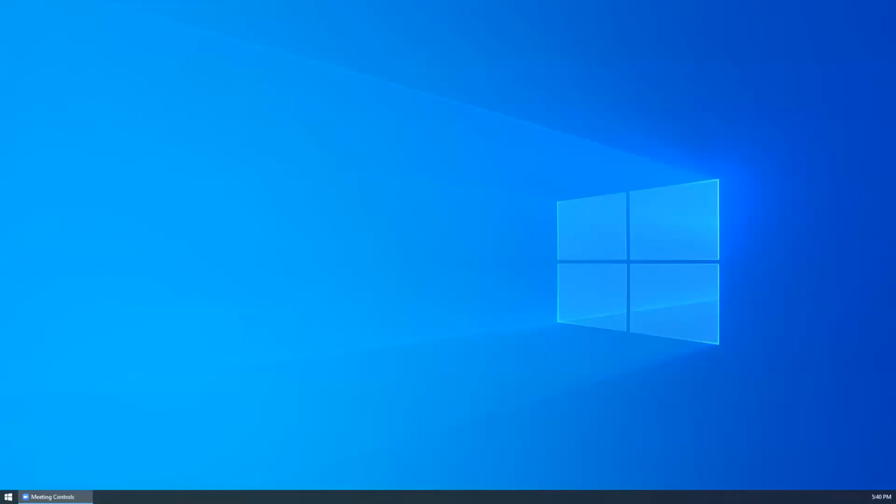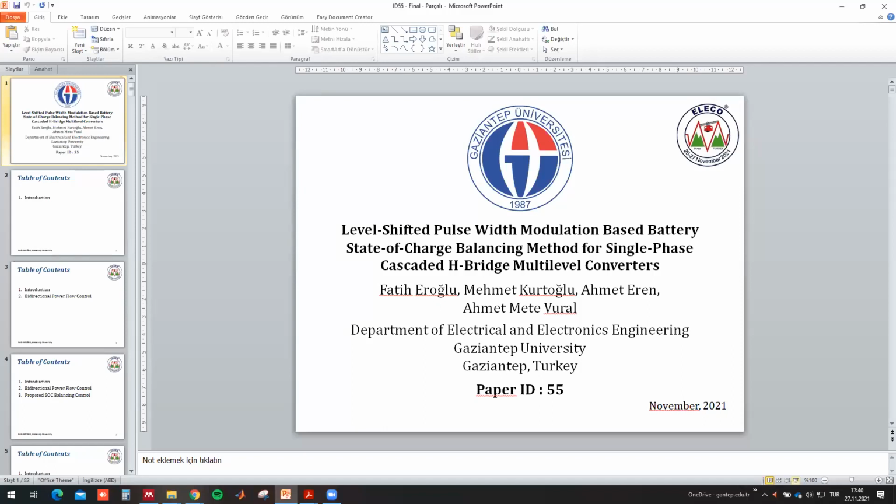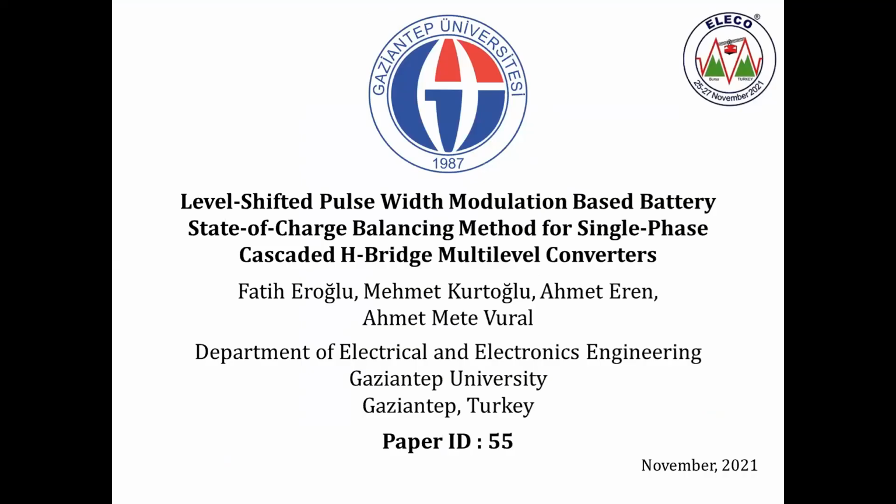And now, in turn, we have paper ID 55, level shifted pulse width modulation-based battery state of charge balancing method for single phase cascaded bridge multilevel inverters from Gaziantep and Iskenderun Technic universities, please. Hi everyone, can you all hear my voice? Yes, we can hear you clearly. Okay, let me start then.